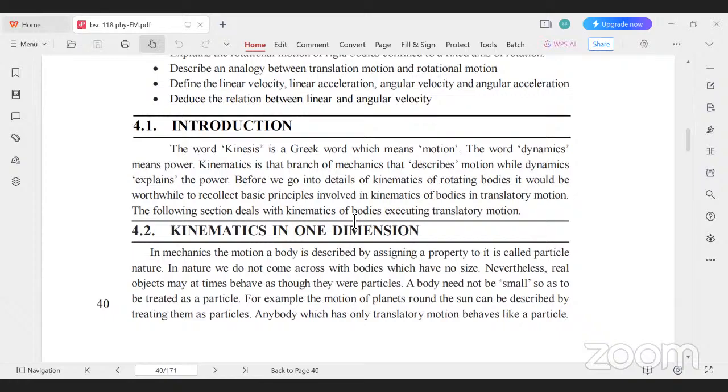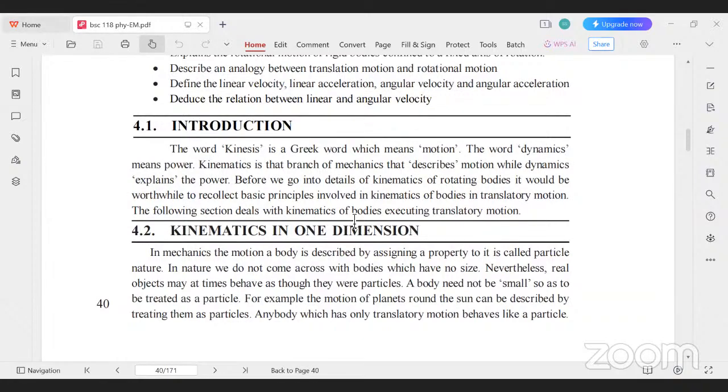Here they say that in mechanics, the motion of a body is described by assigning a property to it called particle nature. In nature, we do not come across bodies which have no size.